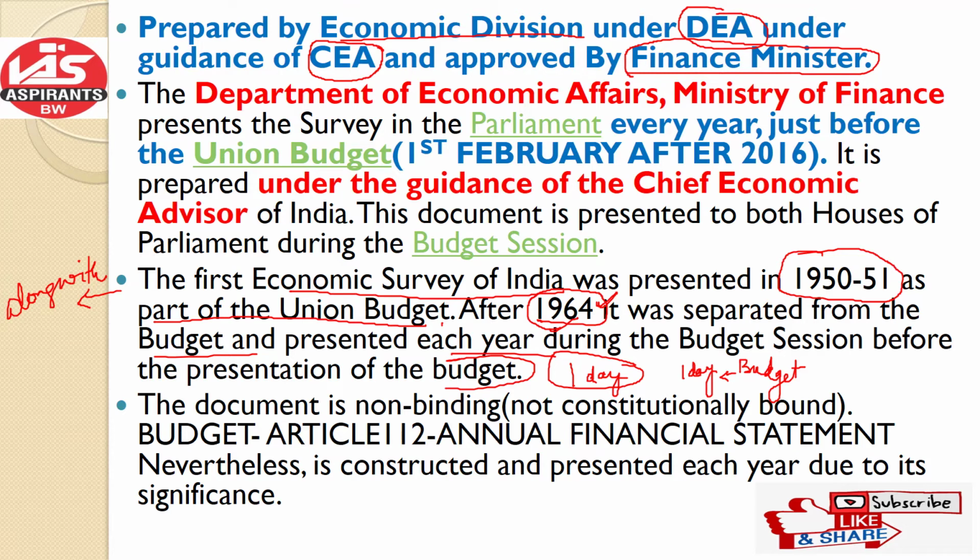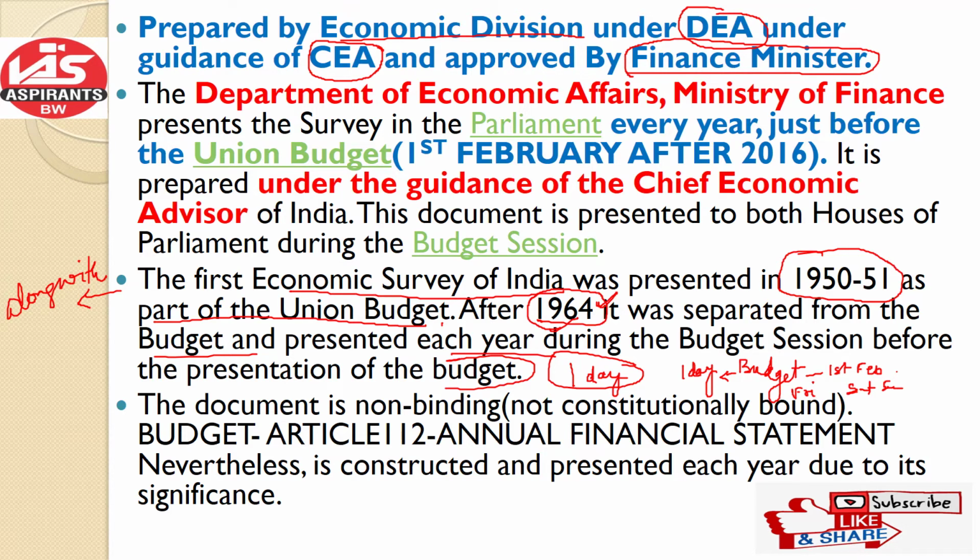Now this year, if we say economic survey 2020-21, उसको 29th of January को ही टेबल कर दिया गया था, जबकि बजट आना है 1st of February को. So that is just because इस बार Saturday, Sunday आ रहा था and the last working day was Friday, that is 29th of January.